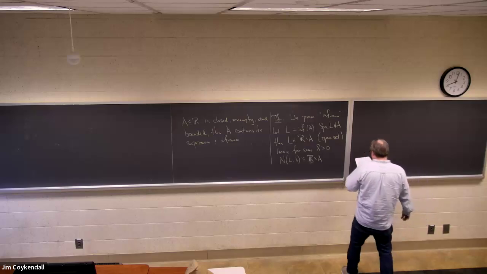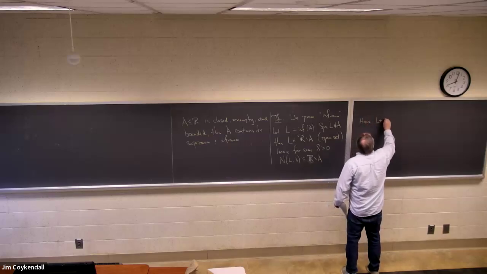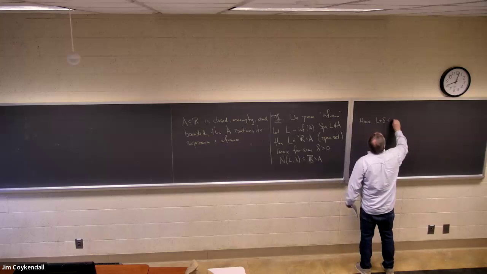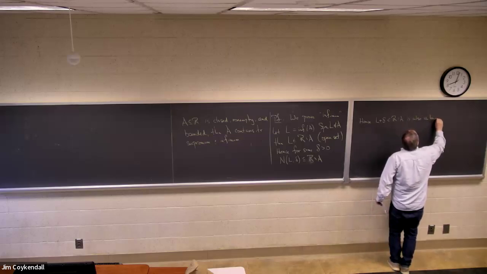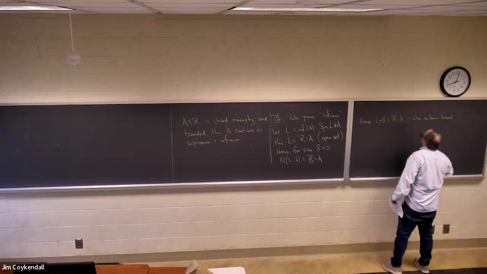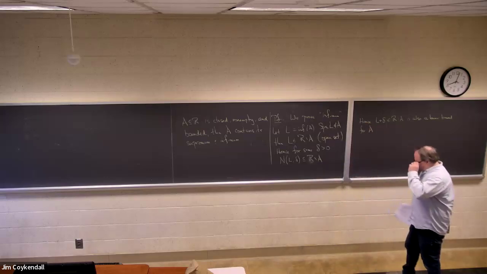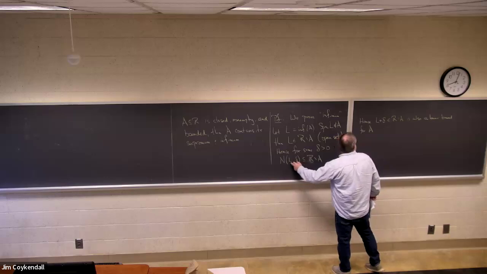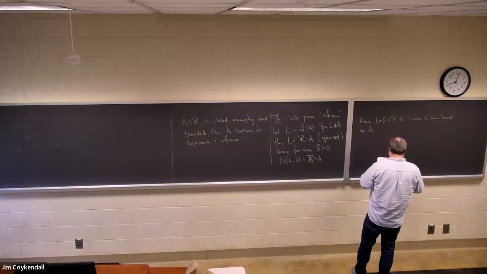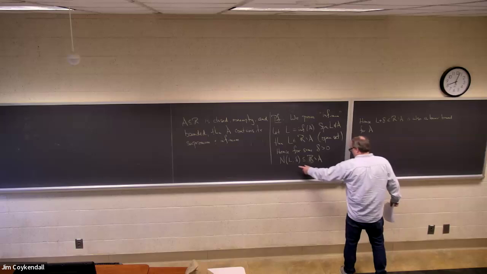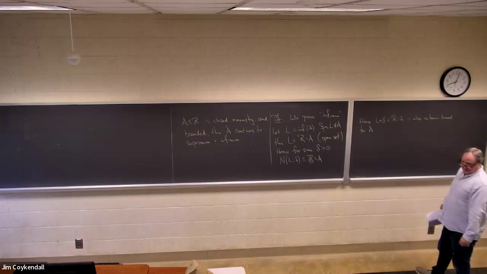Hence L plus delta is also a lower bound, because everything in this delta neighborhood is in R minus A. So L plus delta is also a lower bound, right?